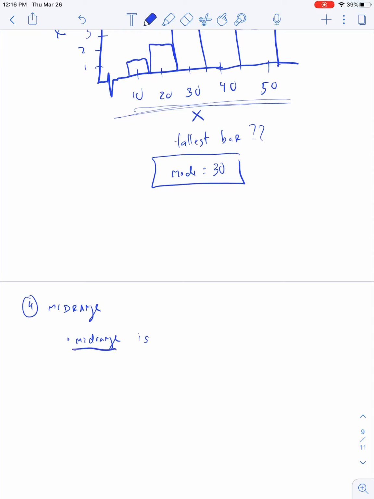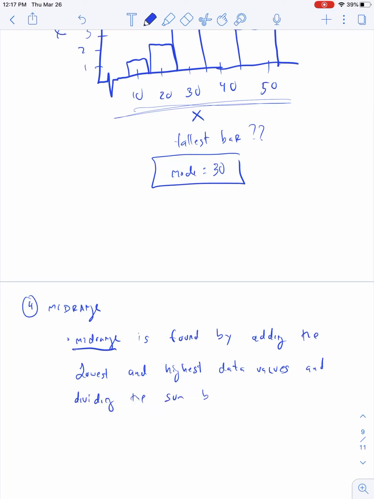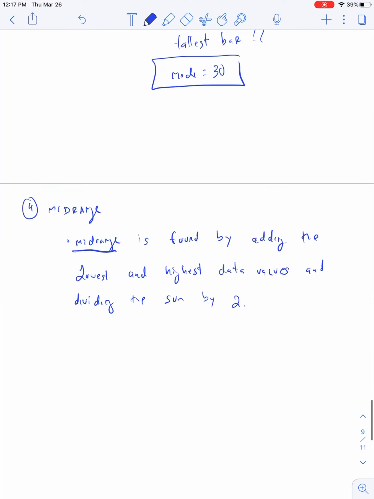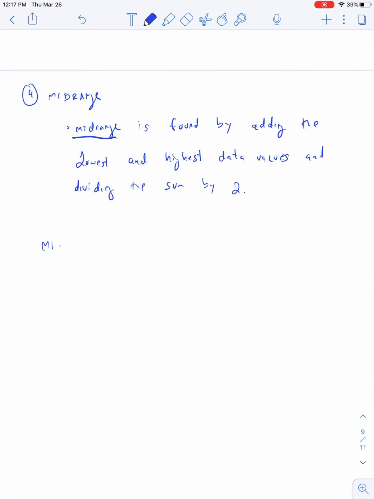The mid-range is obtained by adding the lowest and highest data value and dividing the sum by 2. So we find it by adding the lowest and highest data values, and we divide that sum by 2.